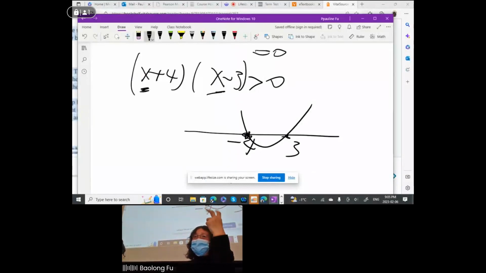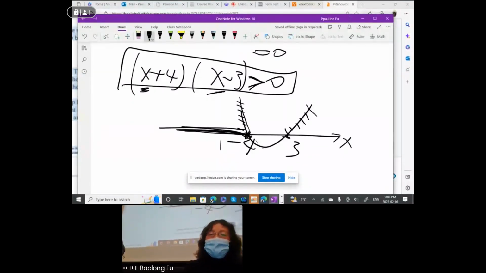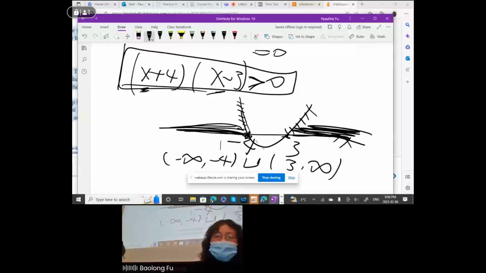A quadratic equation has 2 roots, right? And then look at it, greater than 0. This curve, you tell me which part is greater than 0. This part is greater than 0 because it is above the x-axis. So I directly get the solution by looking at this diagram. This number will make this greater than 0, and all the numbers here will make this greater than 0. Final answer here, union with 3. This is the final answer here and here. Those x will make this greater than 0.